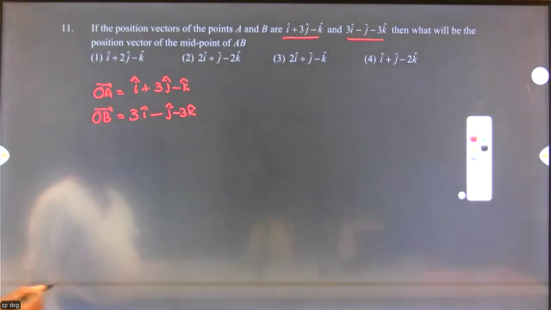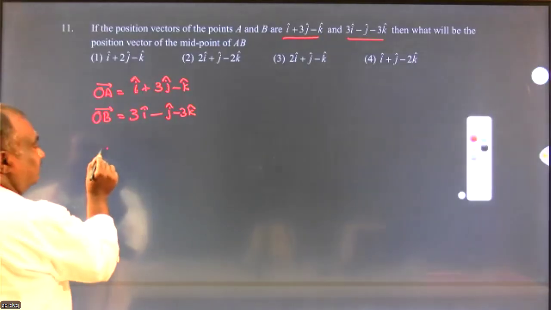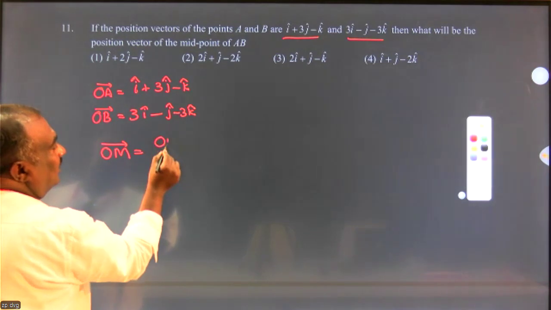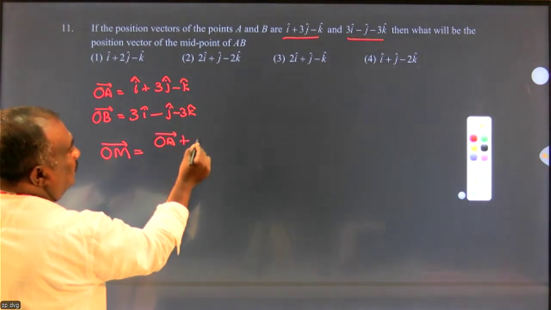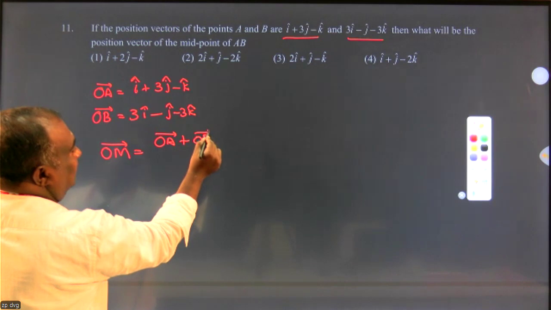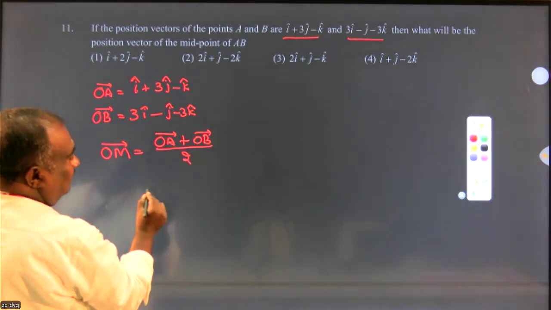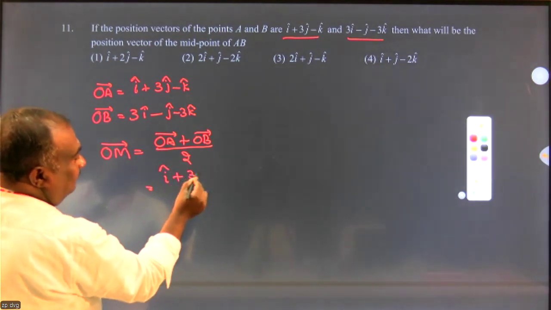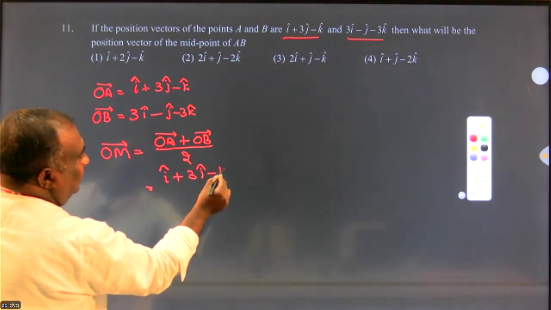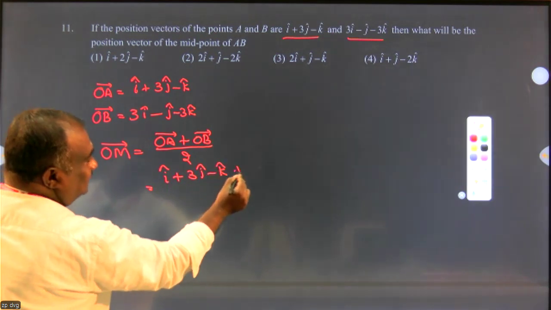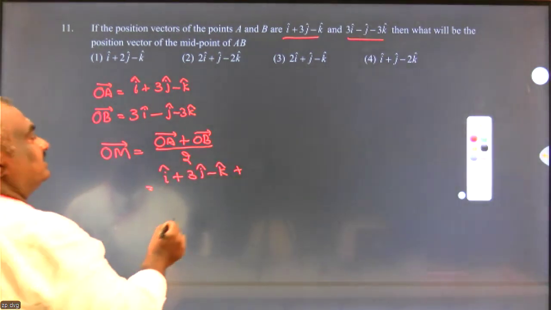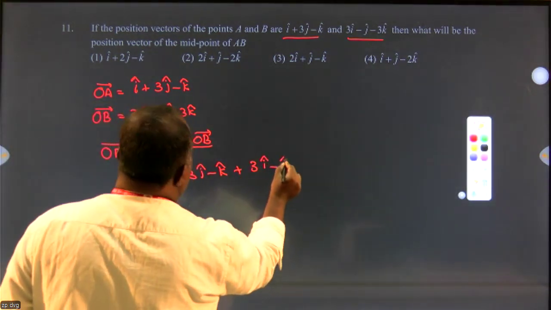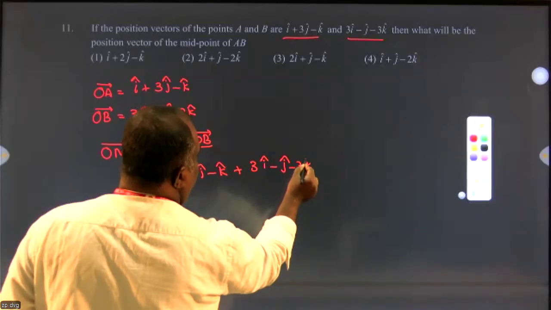Now what are they asking? Midpoint. Midpoint means generally we denote it with a capital M. That's why OM bar. OM bar is equal to OA bar plus OB bar by 2. Now what is OA bar? OA bar is i plus 3j minus k plus OB bar, OB bar is 3i minus j minus 3k, by 2.